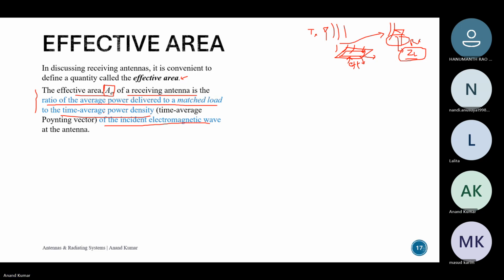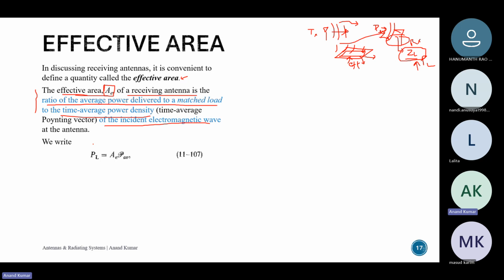So some wave is traveling from the transmitting antenna or from somewhere in space, and your antenna is receiving. So the time average power density which is incident on this antenna, and the average power which is delivered to the load, the ratio gives you the effective area.